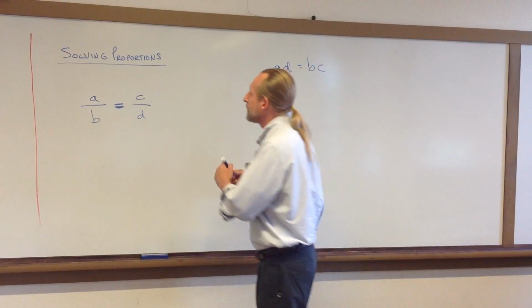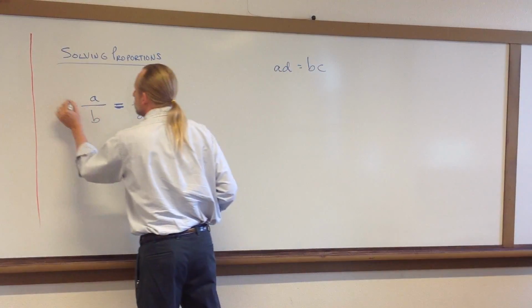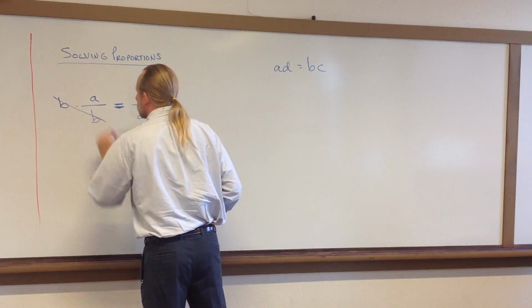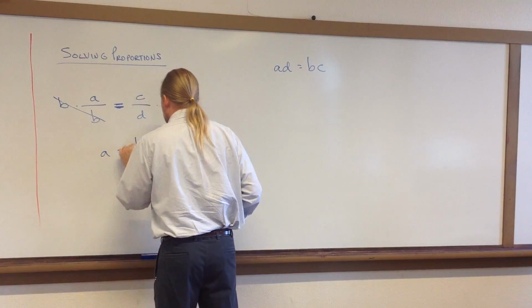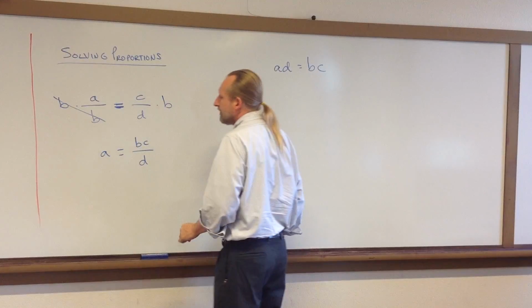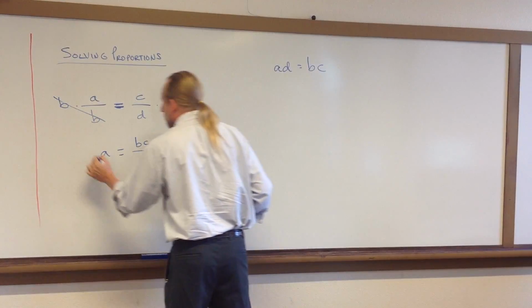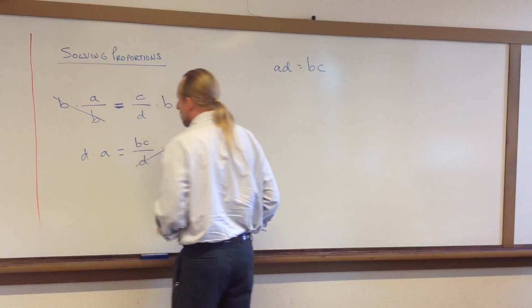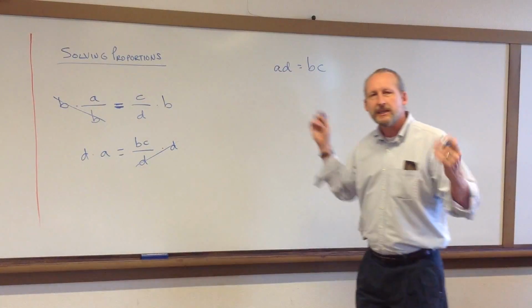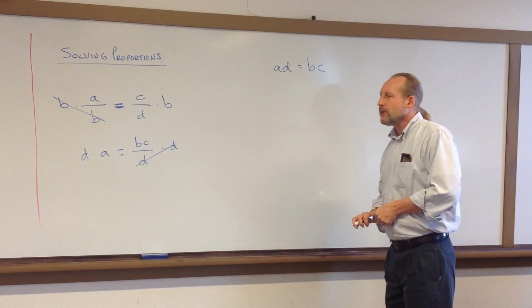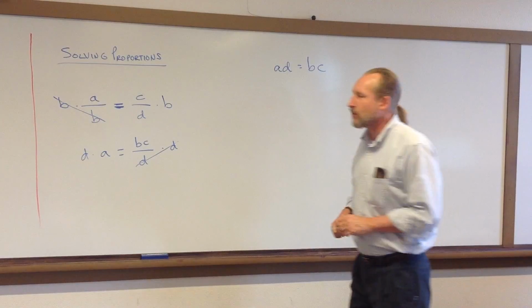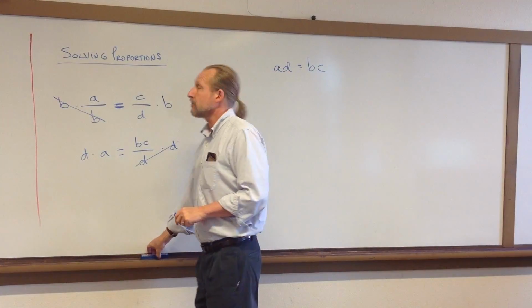We can multiply on both sides by B. These cancel out. A is equal to BC over D. Then we multiply on both sides by D, and these cancel out. And here we are: AD equals BC. So that's the justification for what we're going to be doing to solve these problems.